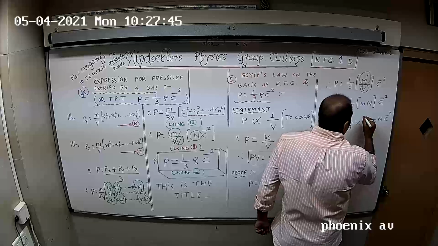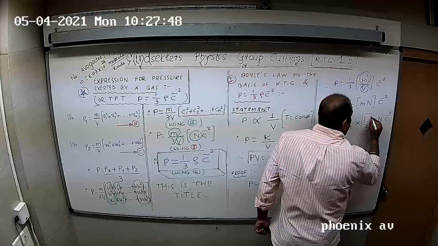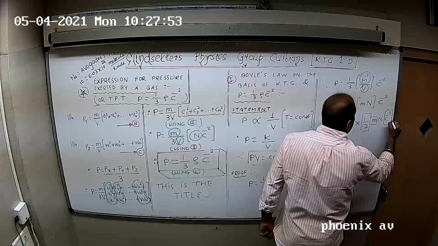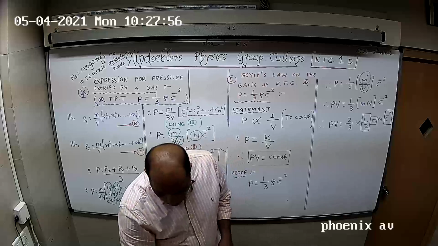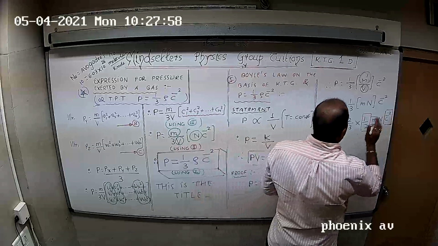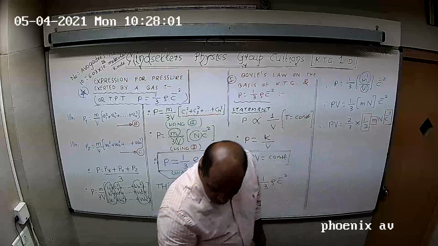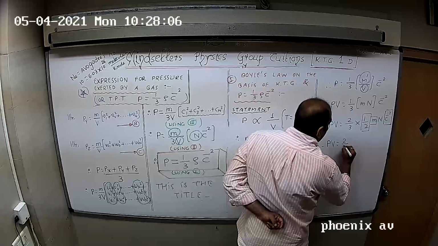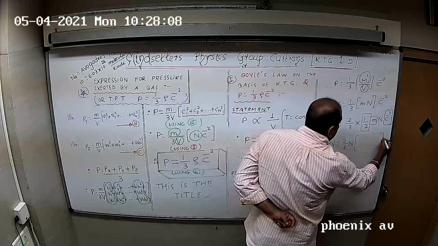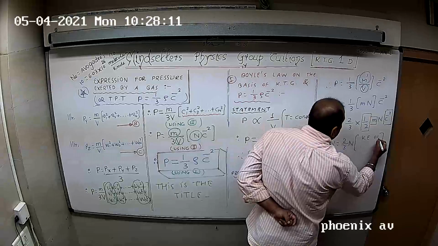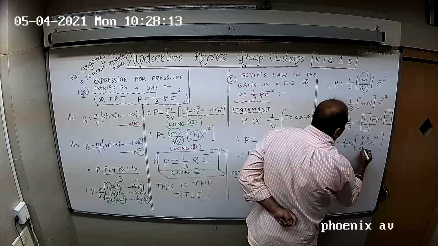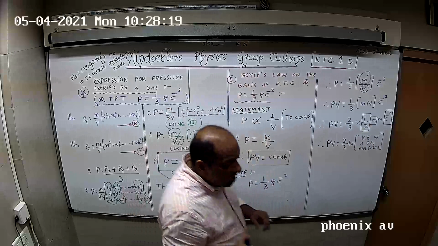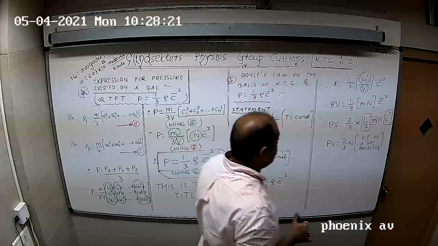Now check. Half m c square is the kinetic energy of one molecule. Right? Kinetic energy of one molecule into number of molecules is the kinetic energy of all the molecules. So can I write PV is equal to 2/3 n times the kinetic energy of a gas molecule. Kinetic energy of a gas molecule, don't you think, is constant at constant temperature.